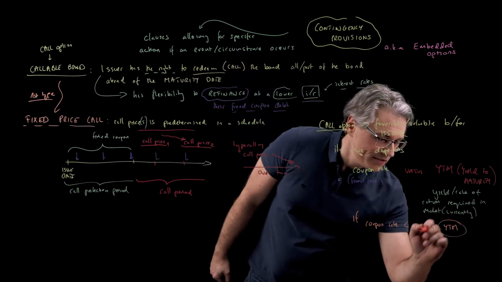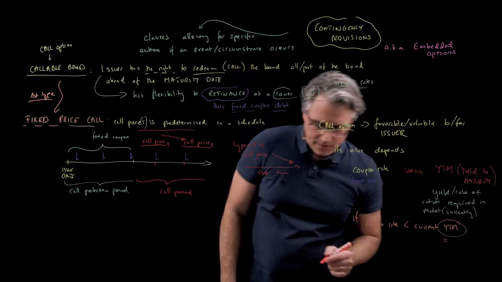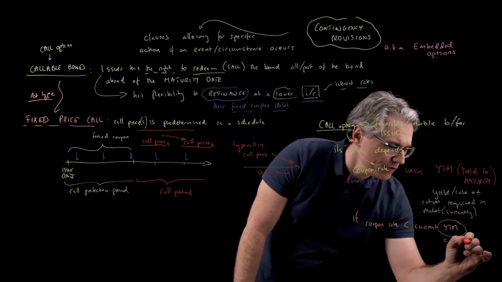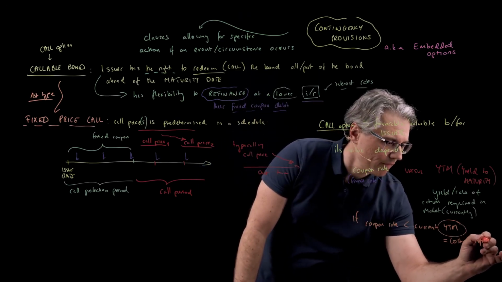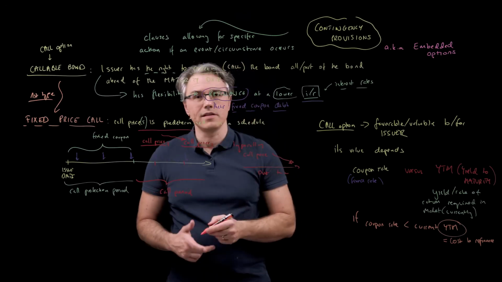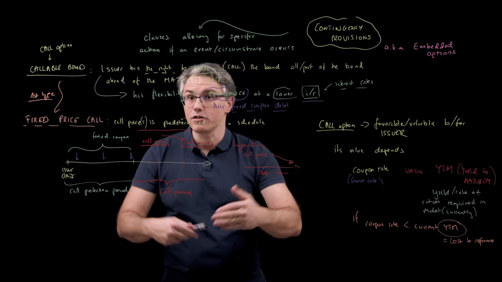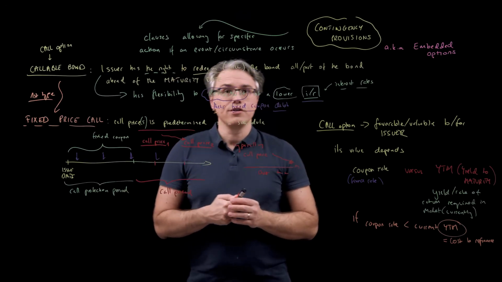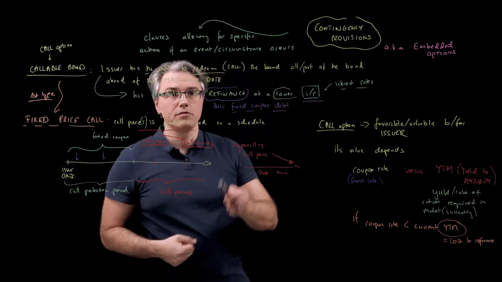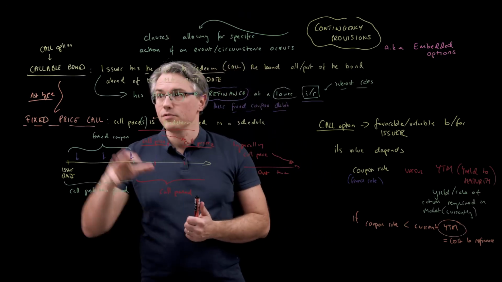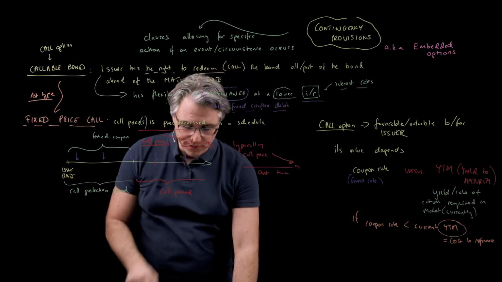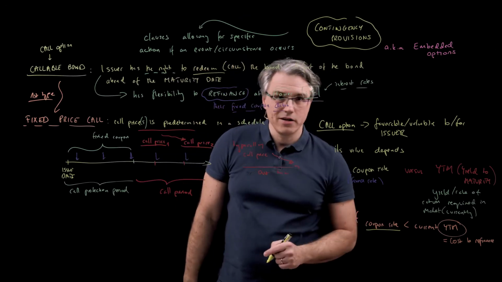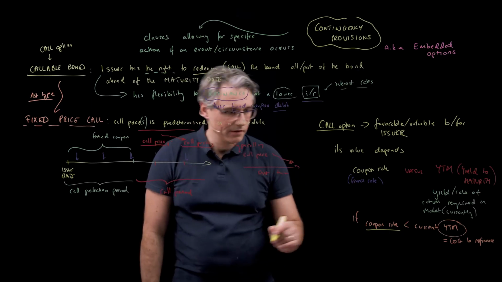So this YTM, you can think of it as the current cost to refinance. What you would need to offer investors for them to accept freshly issued bonds, and the money from those freshly issued bonds would be used to repurchase these bonds, to redeem them, because you've got the option to do so, assuming your bonds are of a callable nature. Well, if the existing coupon rate is lower than current YTM, do nothing, right?